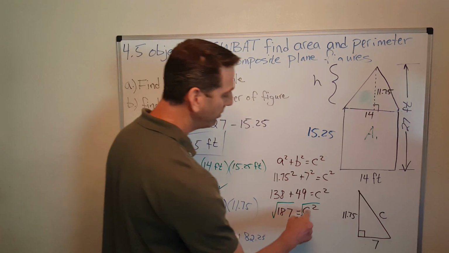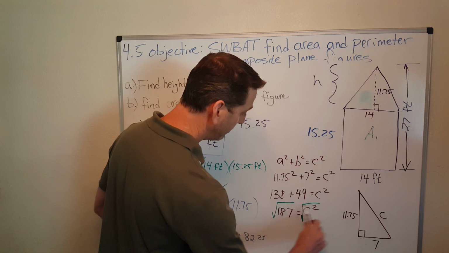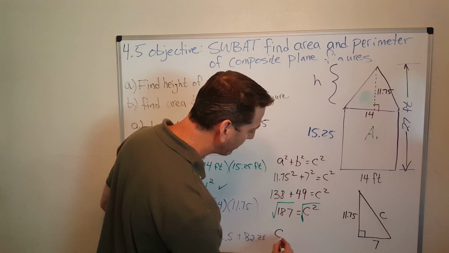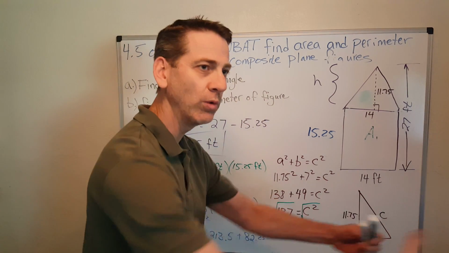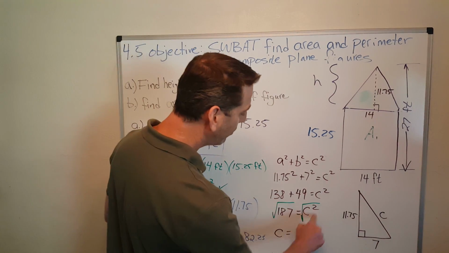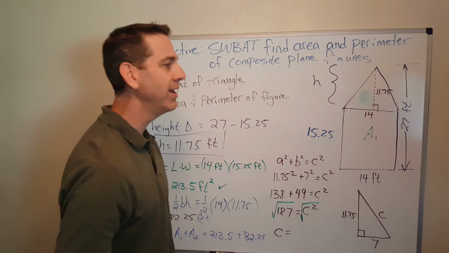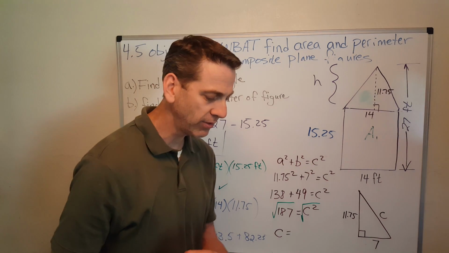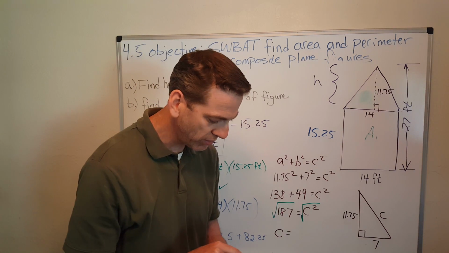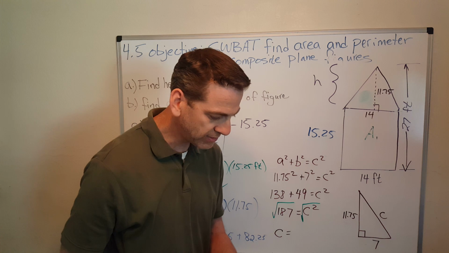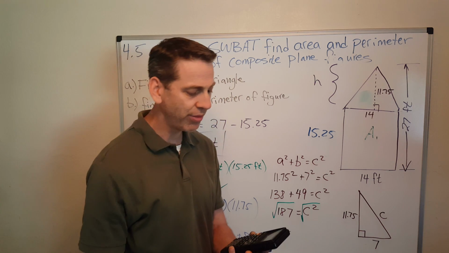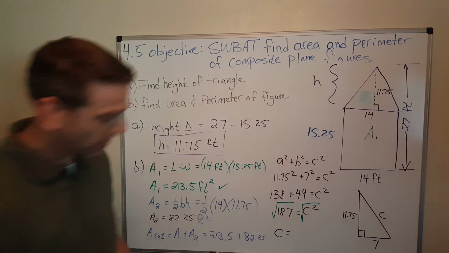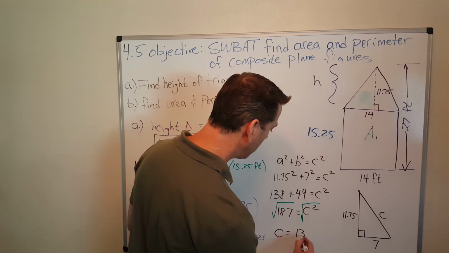The square root of c squared is just going to give me c, so c equals the square root of 187. Well, here's where I need help with my calculator again. So what's the square root of 187? I get about 13.7, thereabouts. So 13.7.